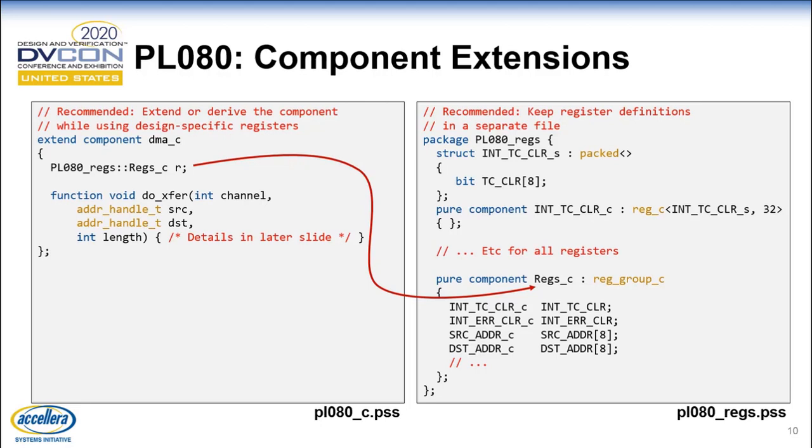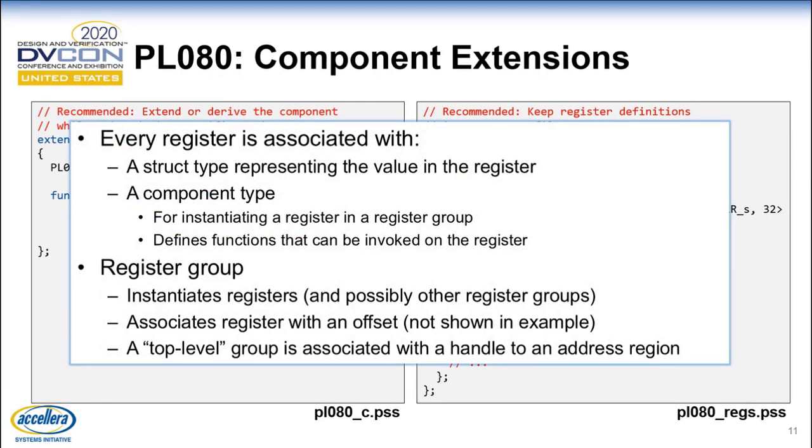I think it will become more clear with an example. Then you create instances of these register components in a register group. You can have nested register groups if you want to model a hierarchy. Finally, as you keep aggregating this, you end up with a top level register group, and that gets associated with an address handle. Again, I'll show an example.